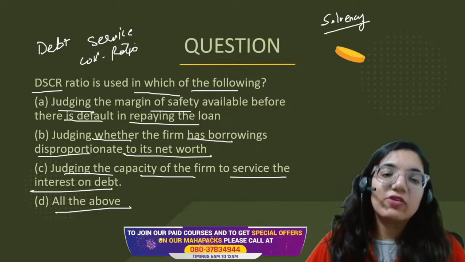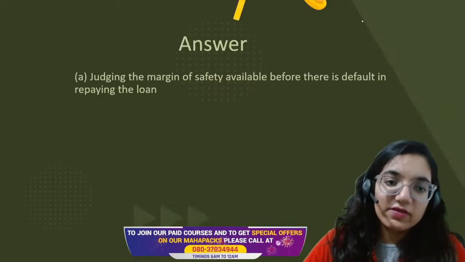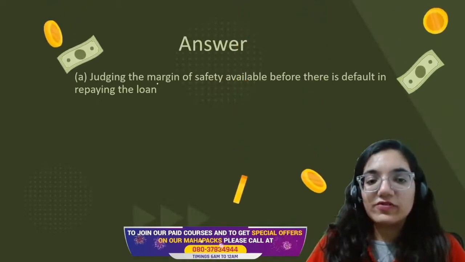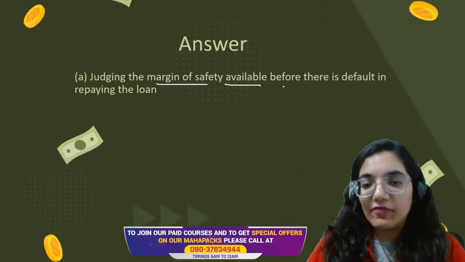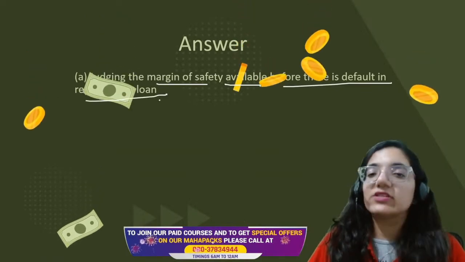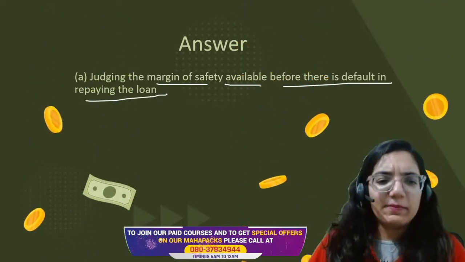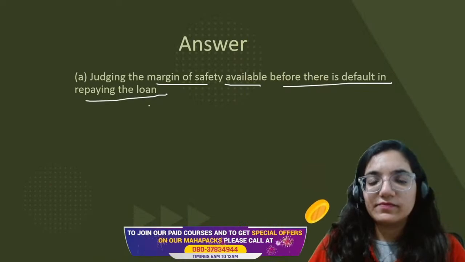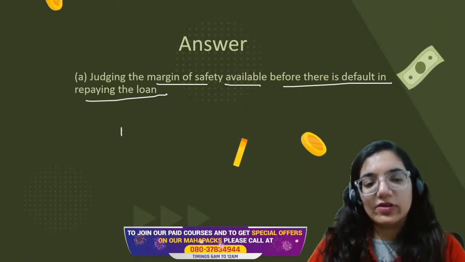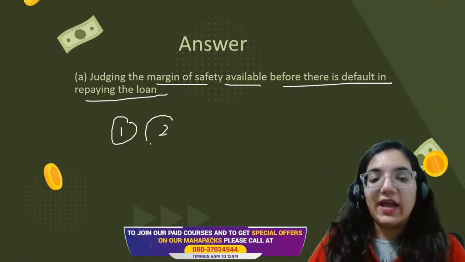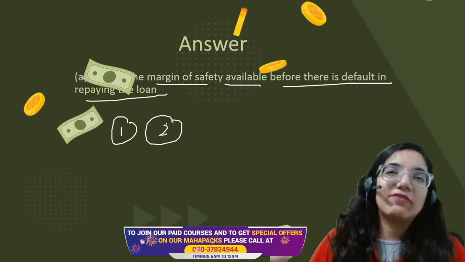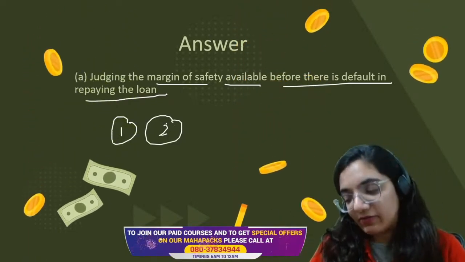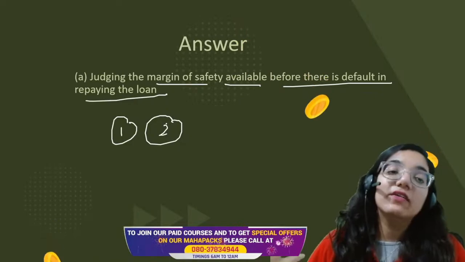In this case, we are looking forward towards the margin of safety available before there is default in repaying the loan. We would like to know what is the amount that they have and what is the permanent amount they will have to pay. That is the fixed amount they will have to pay every year if they take a loan.